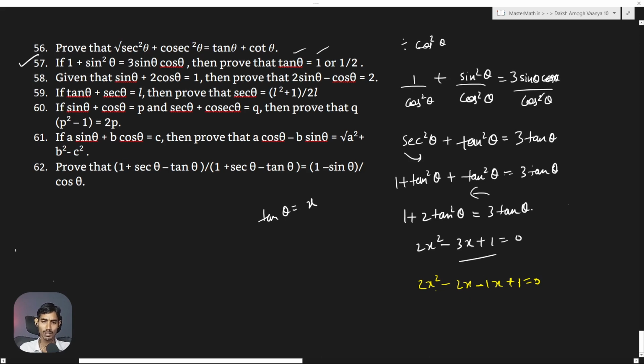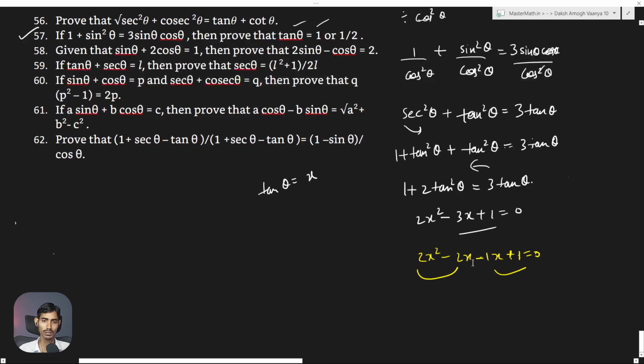So x is 2 and x is common. What to take common from the first two terms and last two terms? X is common. X, only x.